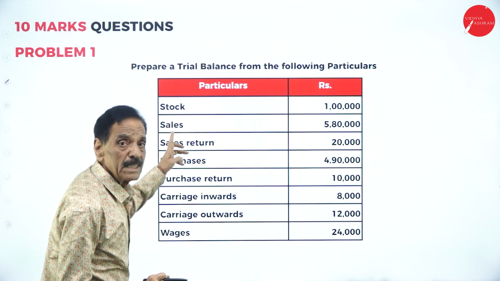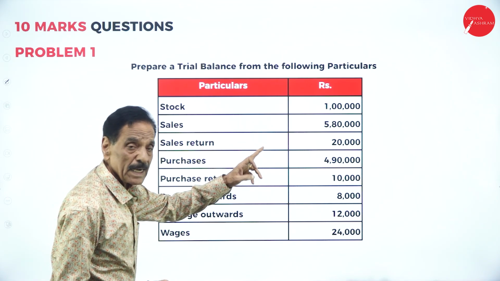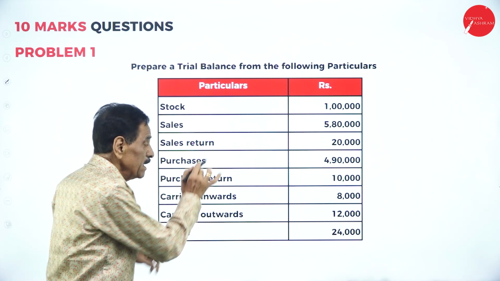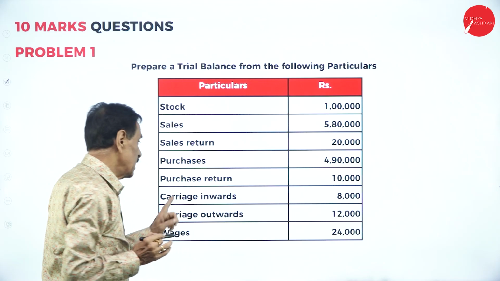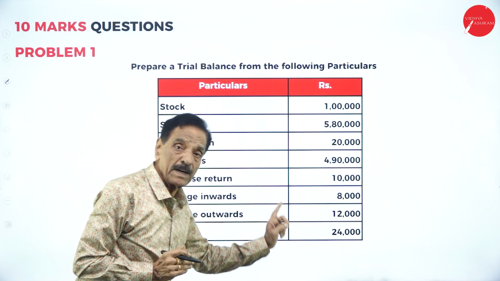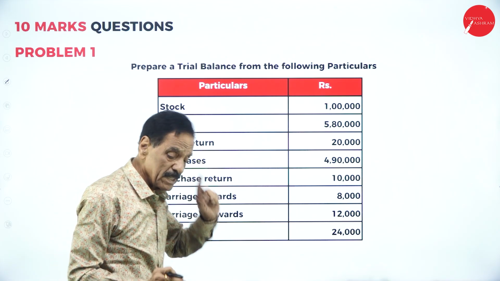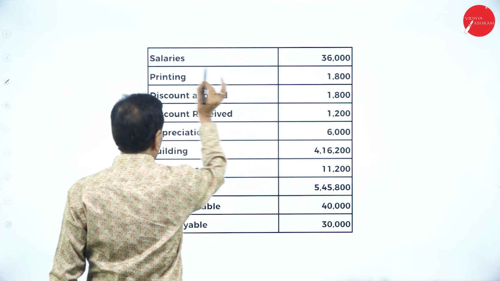Stock, debit side of trial balance. Sales, credit side. Sales return, debit side. Purchase, debit side. Purchase return, credit side. Carriage inward, expenditure, debit side. Carriage outward, debit side. Wages, expenditure, debit side. Salary, debit side.